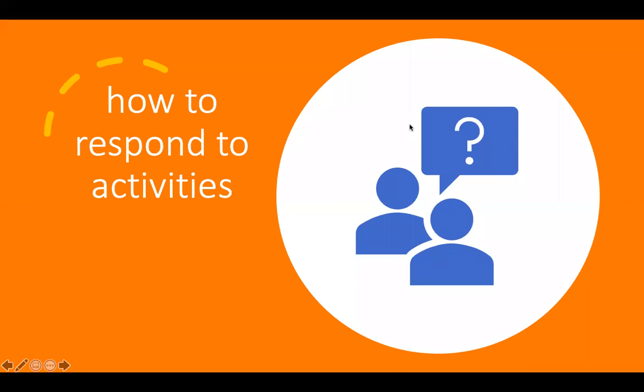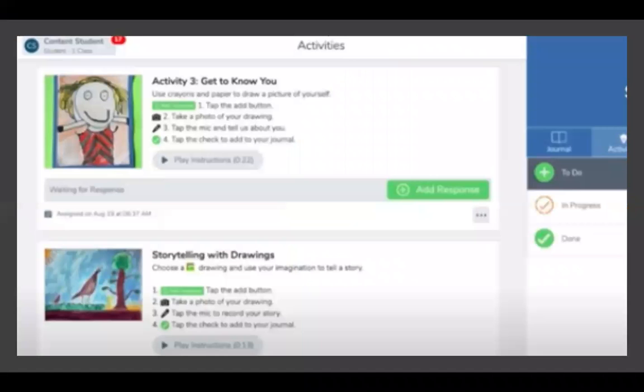How do you respond to the activities or assignments? When you click on activities, a window will pop up like this, showing the assignment, or activity, what it is about, and the guidance that the teacher put in. In order to work on each activity or assignment, you need to click on the green Add Response button right here.